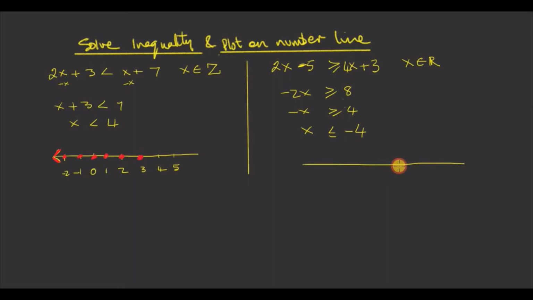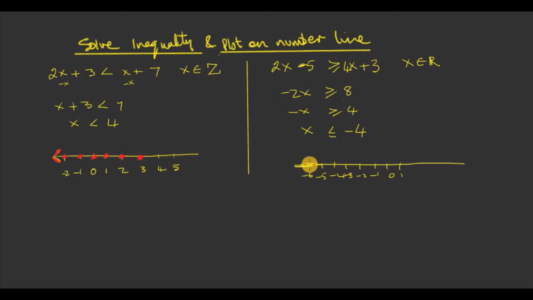I then plot this. X is less than or equal to minus 4, so I'm going to go with maybe just 1 and 0, minus 1, minus 2, minus 3, minus 4. I didn't need all these, did I? There was too many of them. Then minus 5 and maybe minus 6. Okay, and it's less than that, and it is a real number.